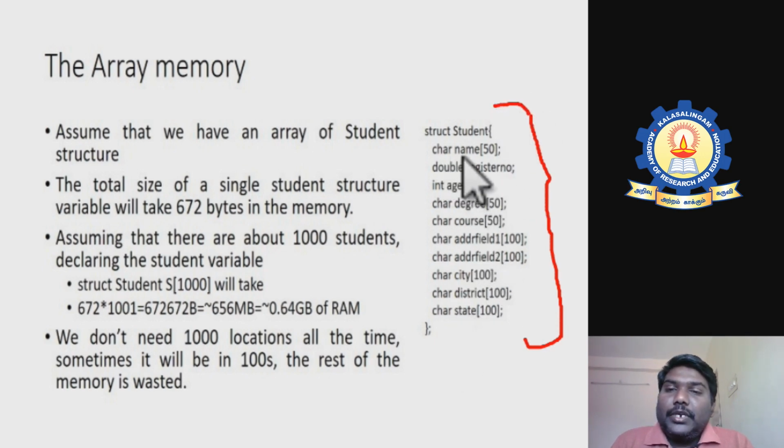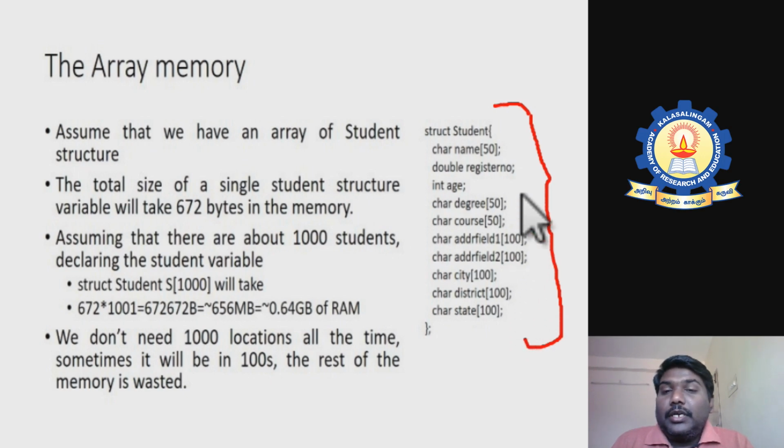The structure student has a name, a register number, age, the degree the student is doing, the course the student is doing, and some personal address, that's address field 1, address field 2, city, district, state, or something else.